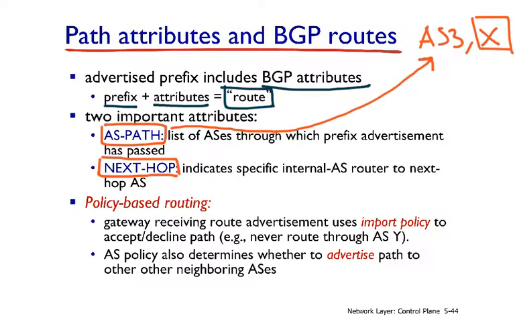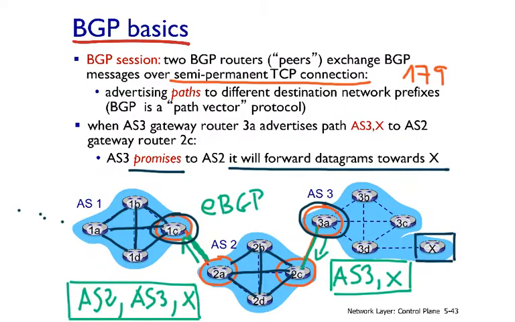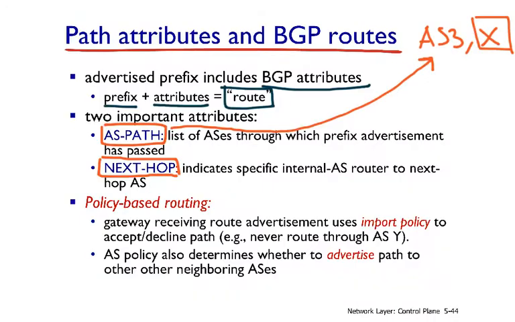If we go back, the next hop that is advertised by 3A to 2C to go to X by means of AS3, this is the next hop, the interface connecting 2C with 3A. So the next hop indicates the specific internal AS router to the next hop AS. So the next hop is the next interface to reach the next AS.